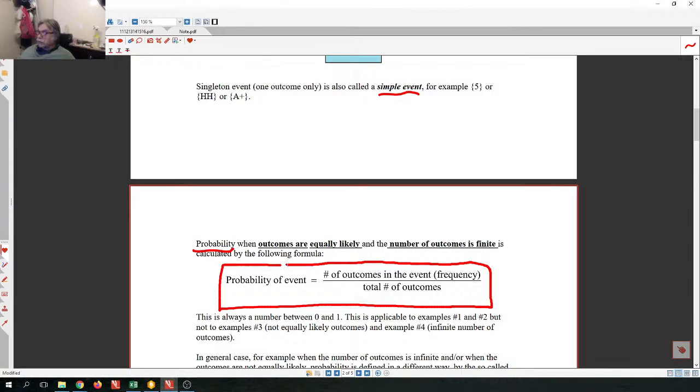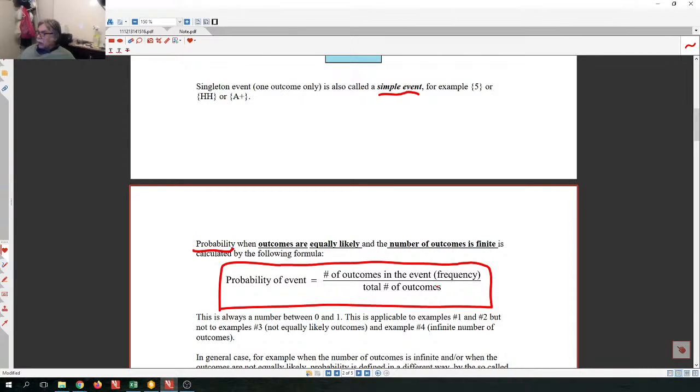You need to find out how many outcomes are in the event. Since the number of outcomes is finite, you will be able to count. Then you count how many outcomes you have in the sample space, the total number of outcomes, and you divide those two numbers. That's it. That is going to be a probability.